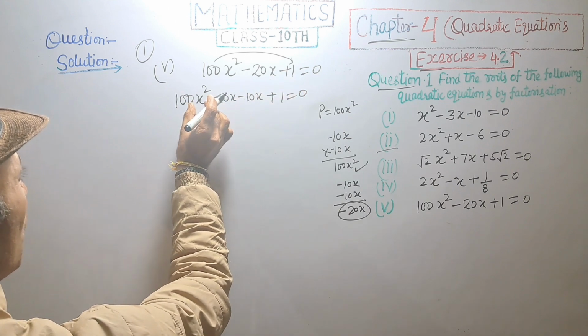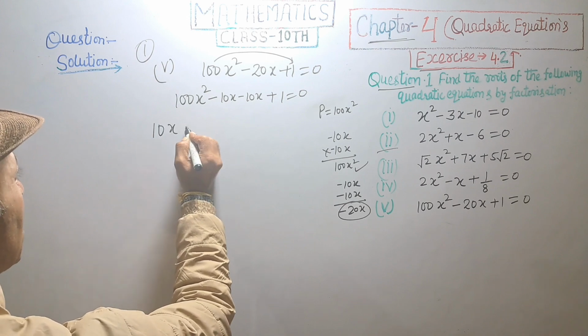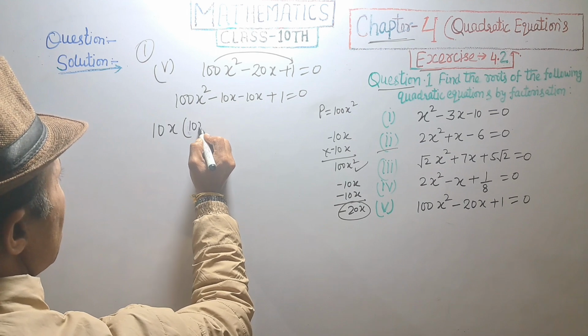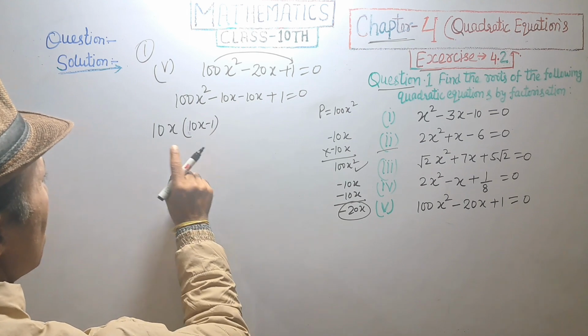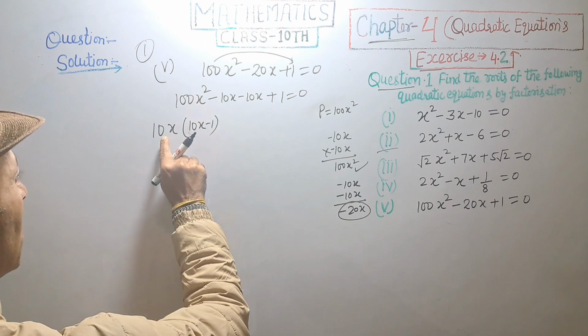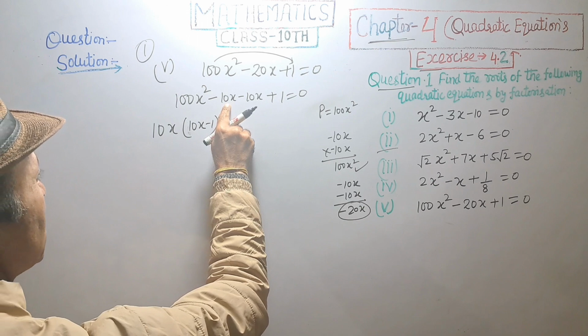So taking 10x common in this equation, in bracket 10x minus 1. 10x multiplied by 10x is 100x². 10x multiplied by minus 1 is minus 10x.